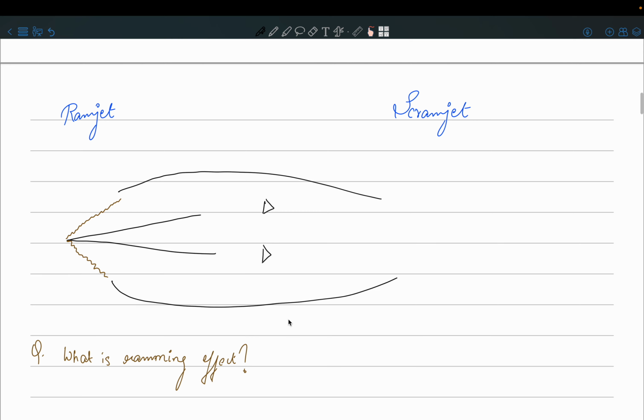Okay, in ramjet, the combustion takes place at subsonic speeds. In scramjet, the combustion takes place at supersonic speeds. So that is the main difference between them. How is a ramjet different from a turbojet? You can see here, in the ramjet, we don't have any compressor, turbine, we don't have any turbomachineries.